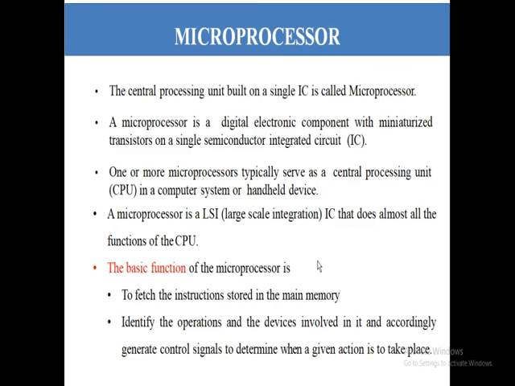According to that operation, it generates the control signal. That control signal controls all the operations. Then according to that control signal or the instruction given from the memory, it performs some operation, and after that operation it will store the result into memory or give it to the output devices.